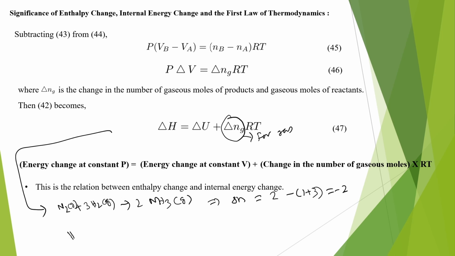Now, consider another case: 2H2 gas plus O2 gas, hydrogen and oxygen, giving water, H2O liquid. So, we get delta n here as 2 times, now this delta n comes from the volume. This is your molar volume of water, H2O liquid.